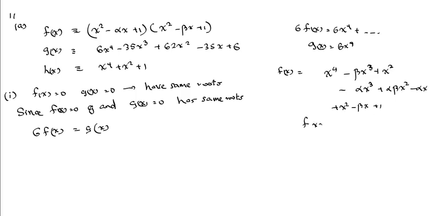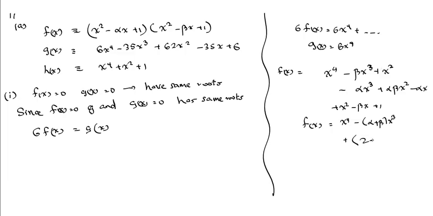So f(x) is actually equal to x to the power 4. You take minus out, alpha plus beta, x to the power 3. When you consider x to the power 2, it's going to be 1 plus 1 is 2 plus alpha beta, x to the power 2. When you consider x, take minus out, alpha plus beta, x plus 1.